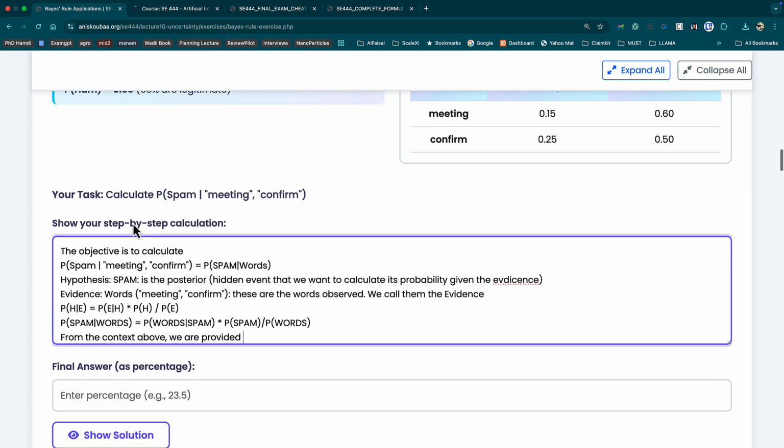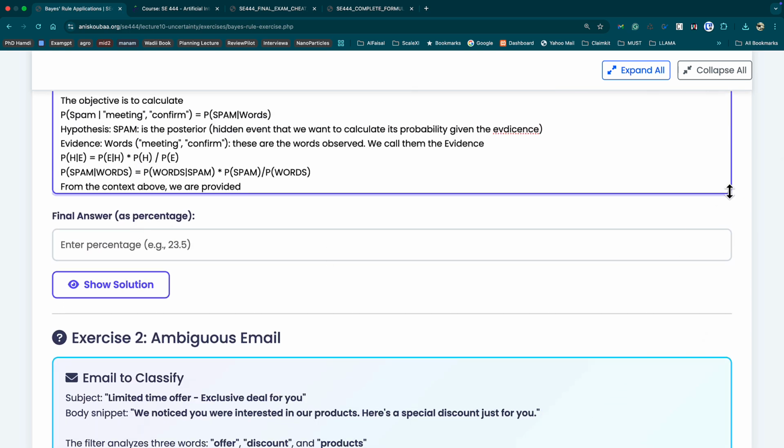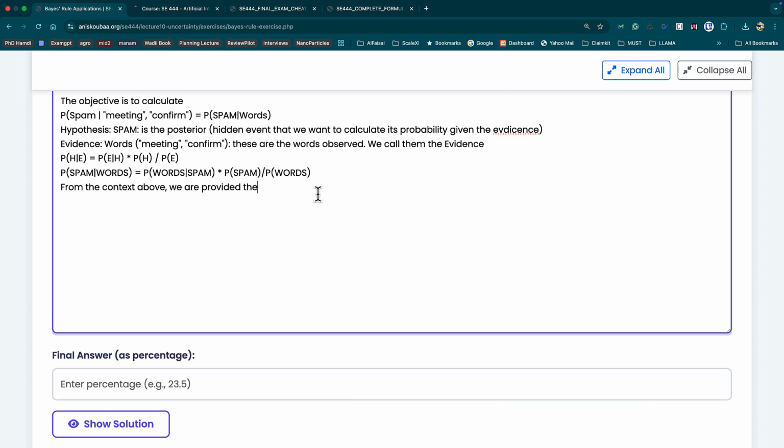We are provided the value of P of spam, right? Which is equal to 0.35.